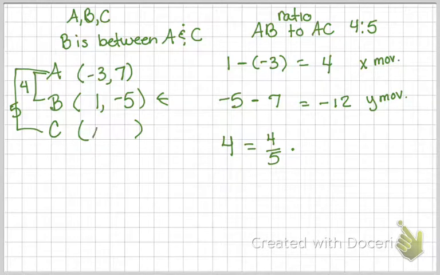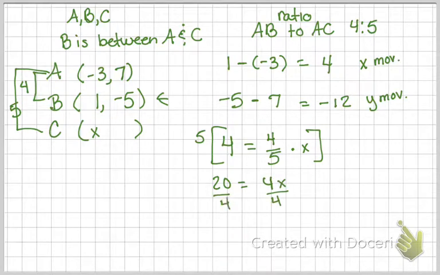So that's what we have to look for. So we're going to solve now for the x. When we multiply, we want to clear up that fraction. So I can multiply the whole thing by 5, and I end up with 20 equals 4x, divide by 4, x equals 5.